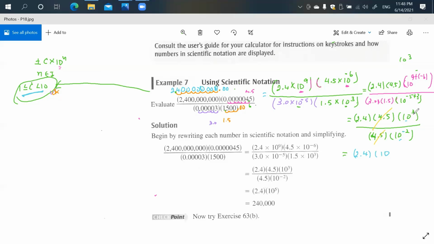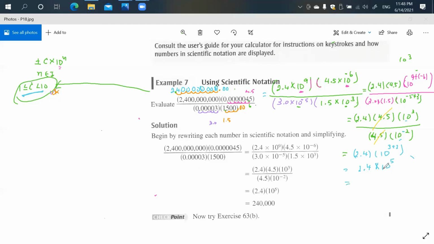So we have 10 power 3 on the bottom. Move 2 up because negative, I want to make it positive every time, don't forget. So negative 2, you move up, becomes plus 2. Okay, so then we have 2.4 times, I can write this way now because it's a times, right? Times 10 power 5. Okay, so you can leave this answer like this.